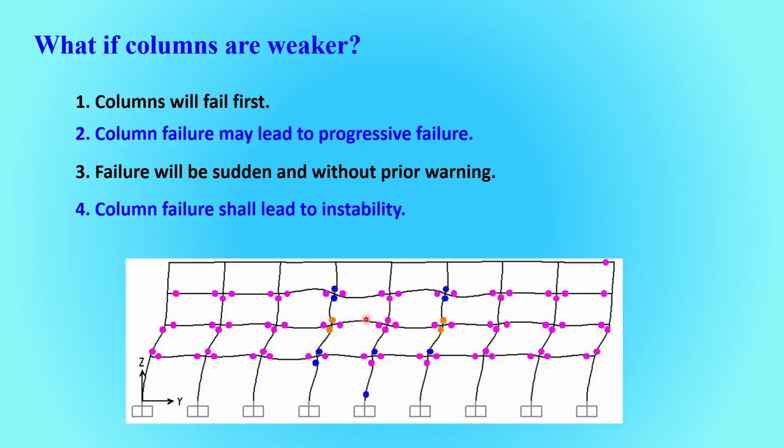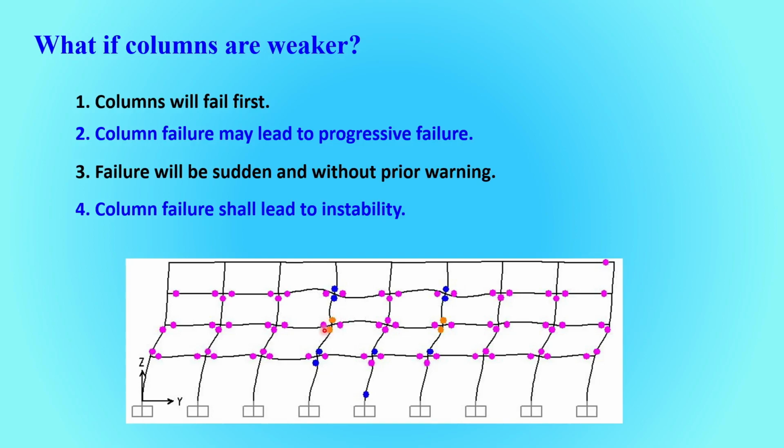You can see here the beams have failed. The color dots are showing the hinge formation in the members. For example, if we take this joint, the right hand beam has failed, the left hand beam has failed or has become non-linear, as well as the top column and the bottom column have failed, as shown by the hinge.